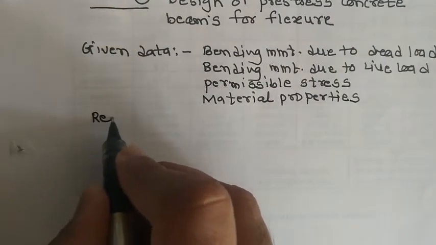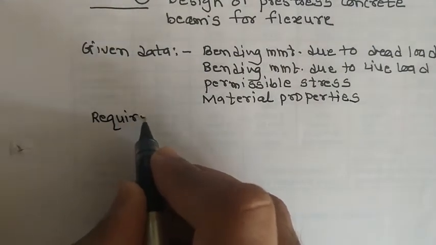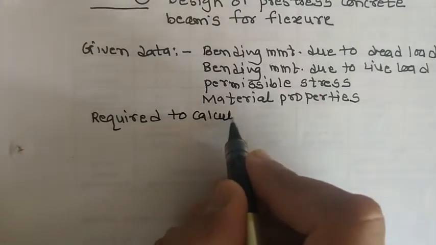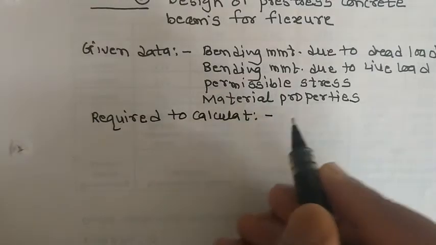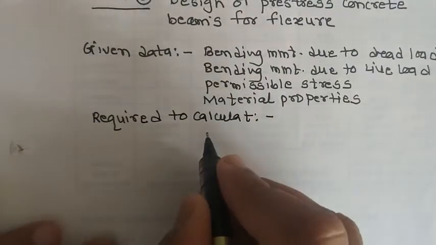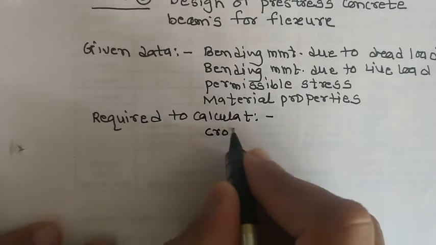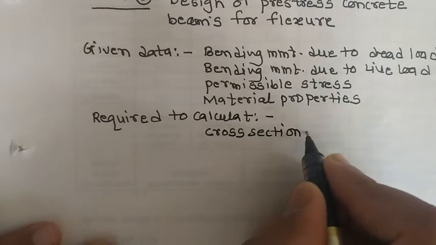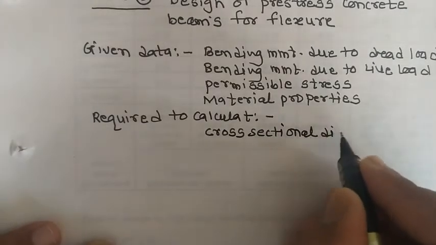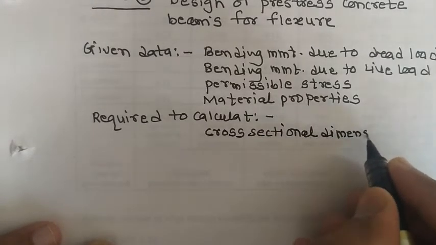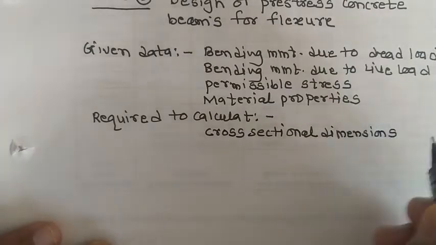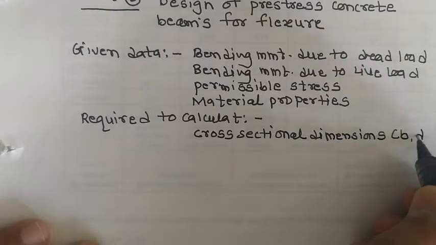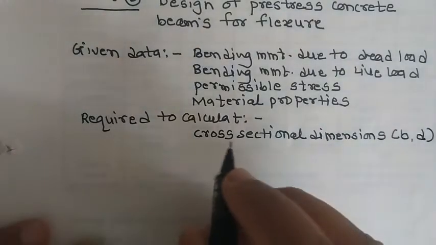What do you have to find out? Required to calculate cross sectional dimensions, that is width and depth of beam.